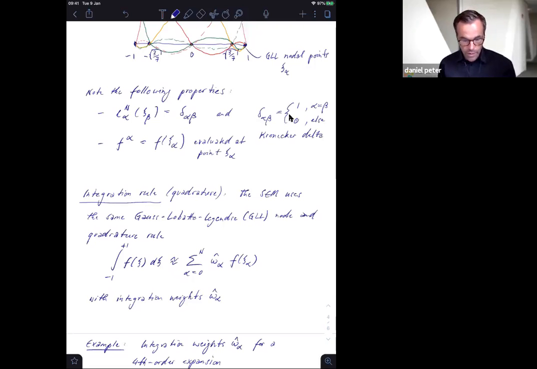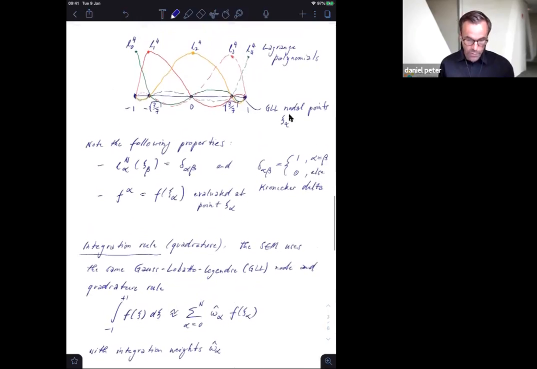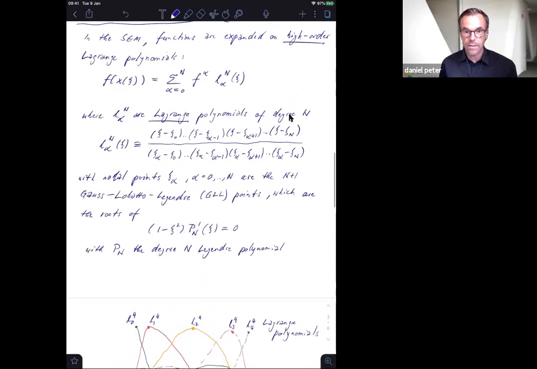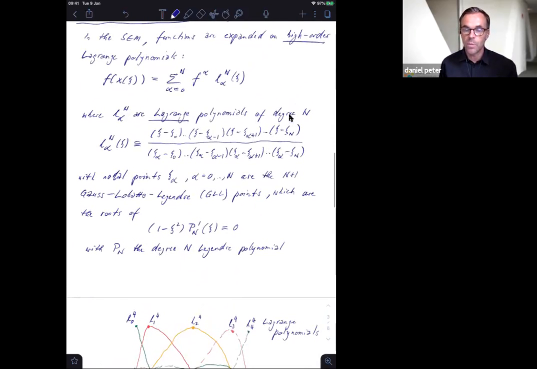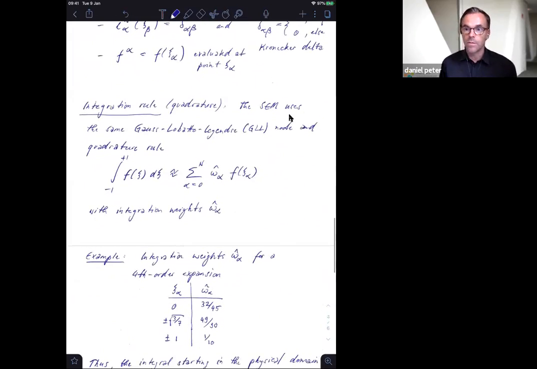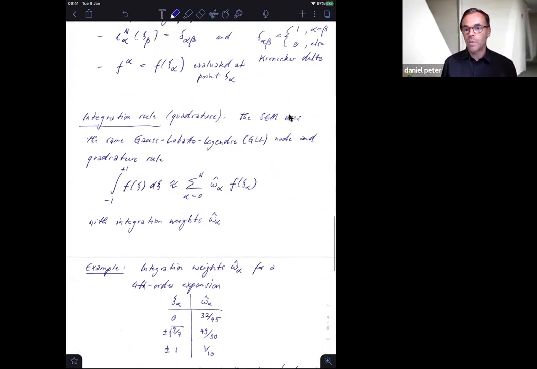But here, what makes the spectral element method a spectral element method is this choice that you use Lagrange polynomials together with the GLL quadrature. Once you set this choice, it becomes a spectral element method.